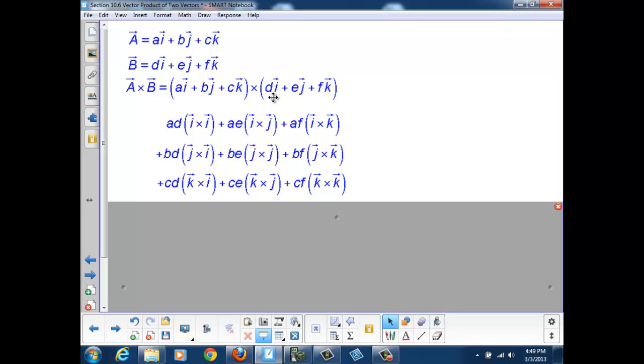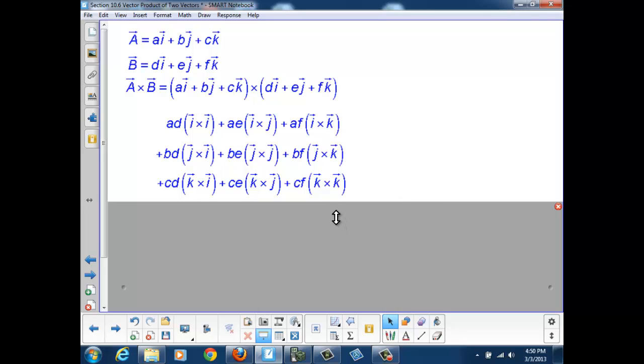So AI times DI would be AD times I cross I. And then AE times I cross J plus AF times I cross K. We'll do the same thing with the BJ vector and cross product that with DI plus EJ plus FK, and we'll get BD times J cross I plus BE times J cross J plus BF times J cross K. And finally, we'll distribute the CK, and we'll get this row right here, CD times K cross I plus CE times K cross J plus CF times K cross K.